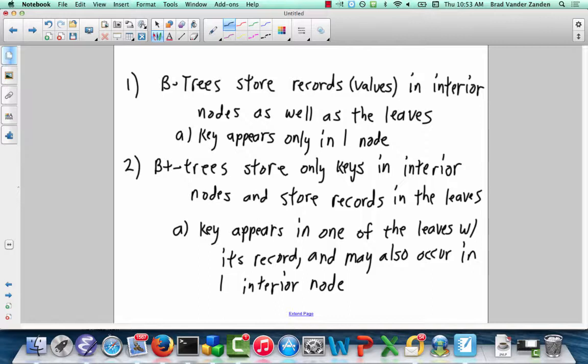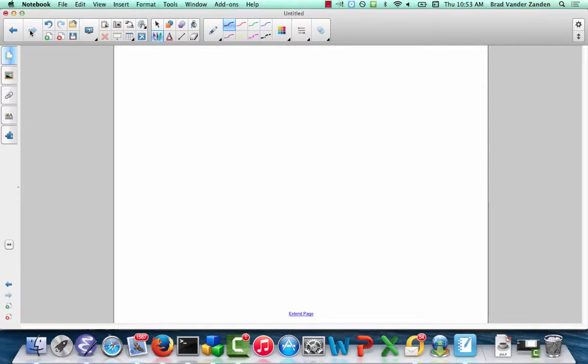Let's say that the Social Security Administration is keeping records of all Americans. Well, if it wants to have fast access to Social Security records, it's going to have to use some kind of index.